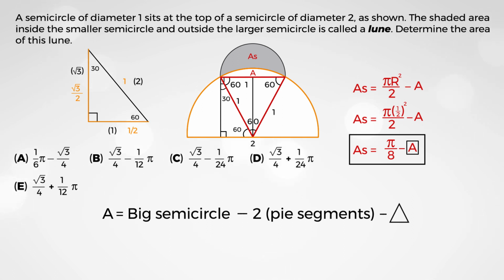So the big semicircle is pretty straightforward. That's just pi r squared divided by 2. The 2 pie segments, this is the first one right here, and this is the second one, are calculated as follows. You take the angle of 60 degrees and divide by the total degrees all the way around the circle, which is 360.